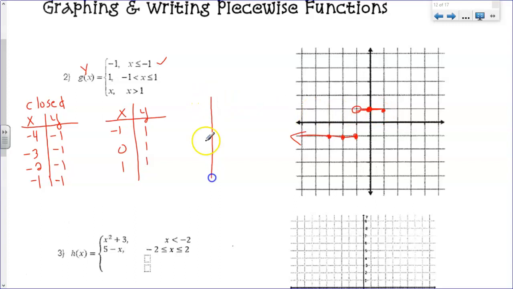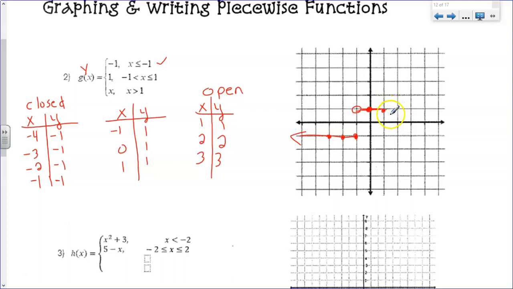Okay, the last one. This one's y equals x, but where x is greater than 1. So I start at 1, I do 2, and I do 3, and I could go on to 4. When I plug 1 in place of x, y becomes 1. 2, 2, 3, 3, so on and so forth. This is going to be an open dot to start with at x is 1. So I get here 1, 1. Oh, but it's already closed from the previous graph.